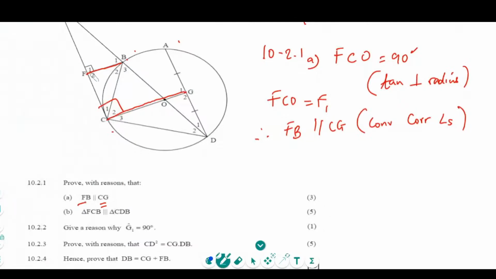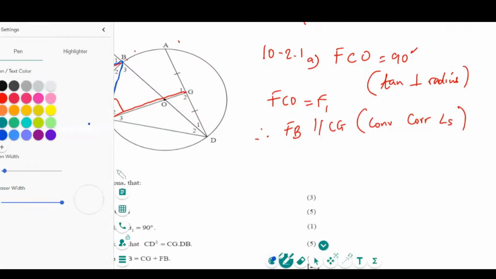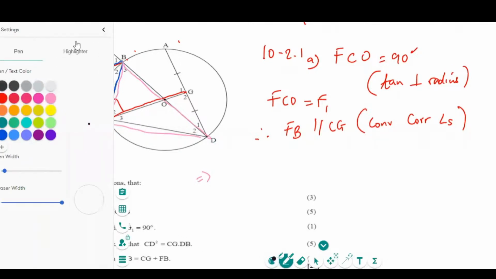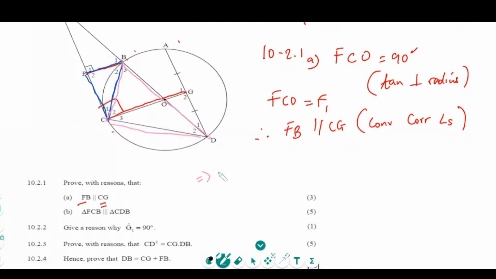So what do we see in this triangle that is the same as this triangle? That is just what the question is asking for. For similarity, we focus on angles, all the sides in proportion.